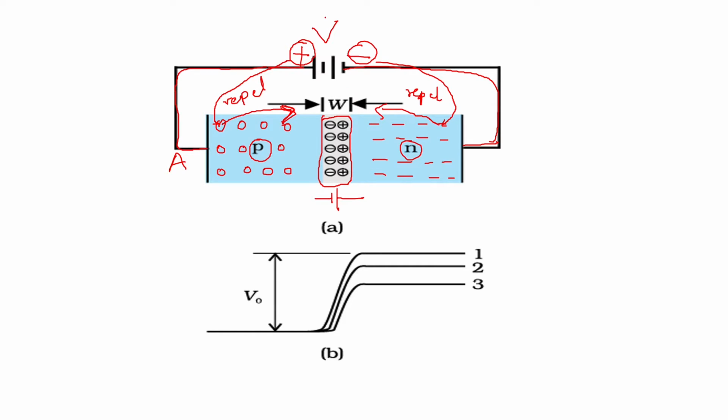Now the applied voltage should first overcome the electric field of the depletion region, that is the potential barrier, and after that the majority charge carriers, the holes from p-type, will go to the n-type material, and the electrons from n-type will go to the p-type material as you increase the applied external voltage. This is what happens in your p-n junction diode whenever it is forward biased.